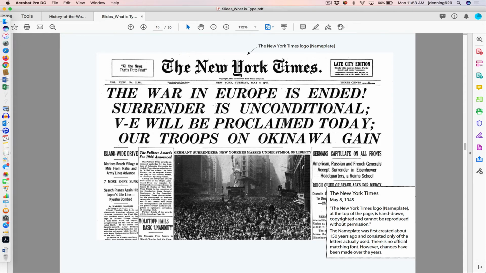And in 1851, when Henry Jarvis Raymond had to choose a nameplate for his newspaper, the New York Daily Times, as it was called at that time, he wanted to model the Times as closely as possible on the London Times, which used Gothic type. Gothic type and blackletter are kind of synonymous. And so a few changes were made. Terminals were trimmed and edges were smoothed, but you get this nameplate.